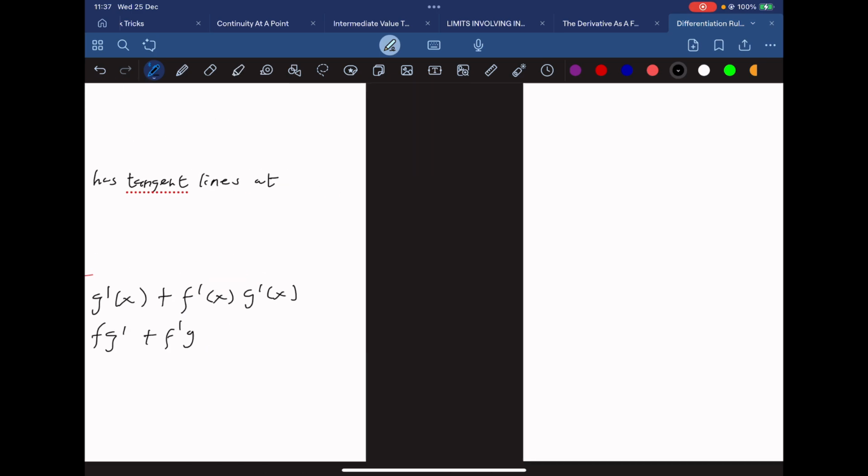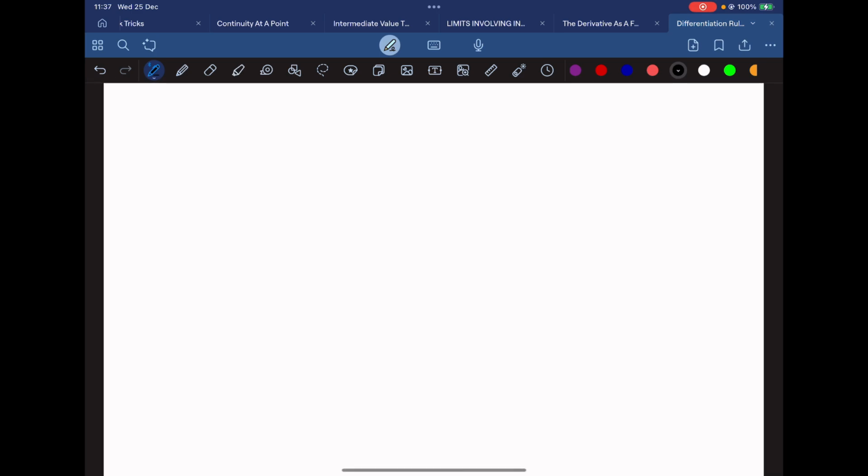So let's quickly use this to solve an example. We have to find the derivative of 1 over x squared plus e to the x.